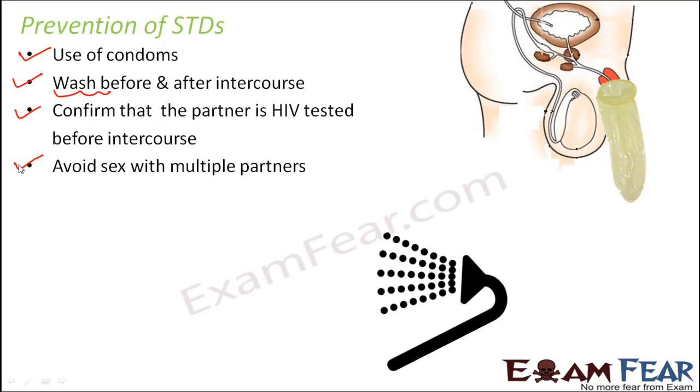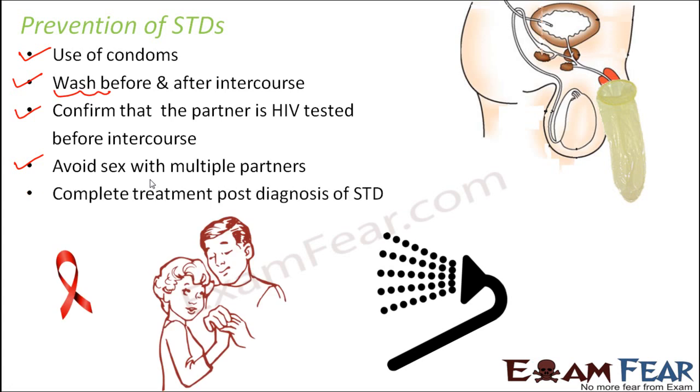When somebody has intercourse with multiple partners, their chances of getting infected are higher, because if you are in sexual contact with, say, 10 people, you don't know the medical history of all 10 people, right? But if you are with only one person, at least you can know the medical history of that single person, so your body gets adjusted with that one person. So it should always be avoided with multiple partners.